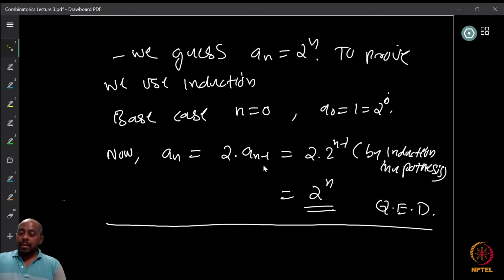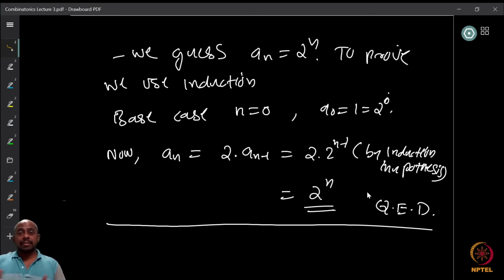By the induction hypothesis, an minus 1 is 2 raised to n minus 1, and therefore this is equal to 2 times 2 raised to n minus 1, which is equal to 2 raised to n. So an is equal to 2 raised to n, which proves our hypothesis. Therefore, by induction, we get that an is equal to 2 raised to n.